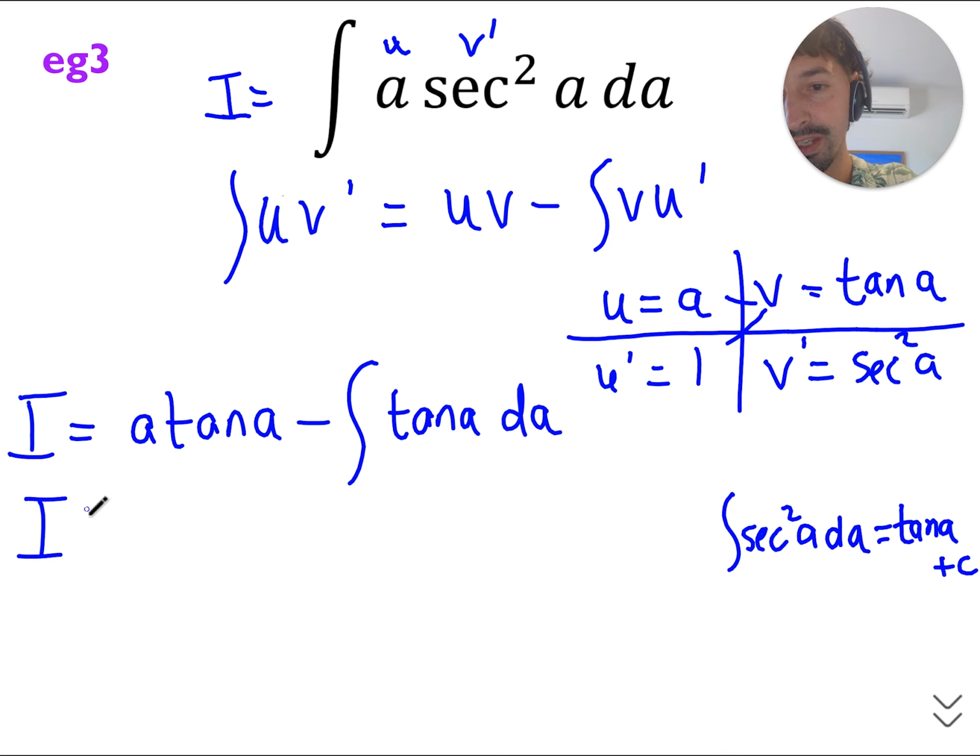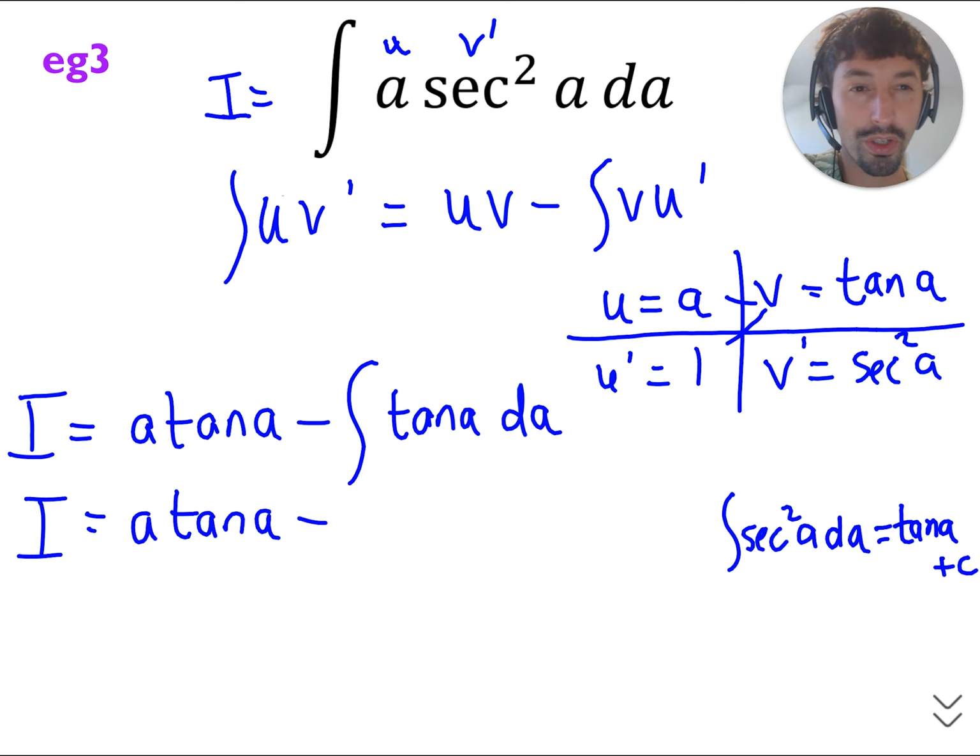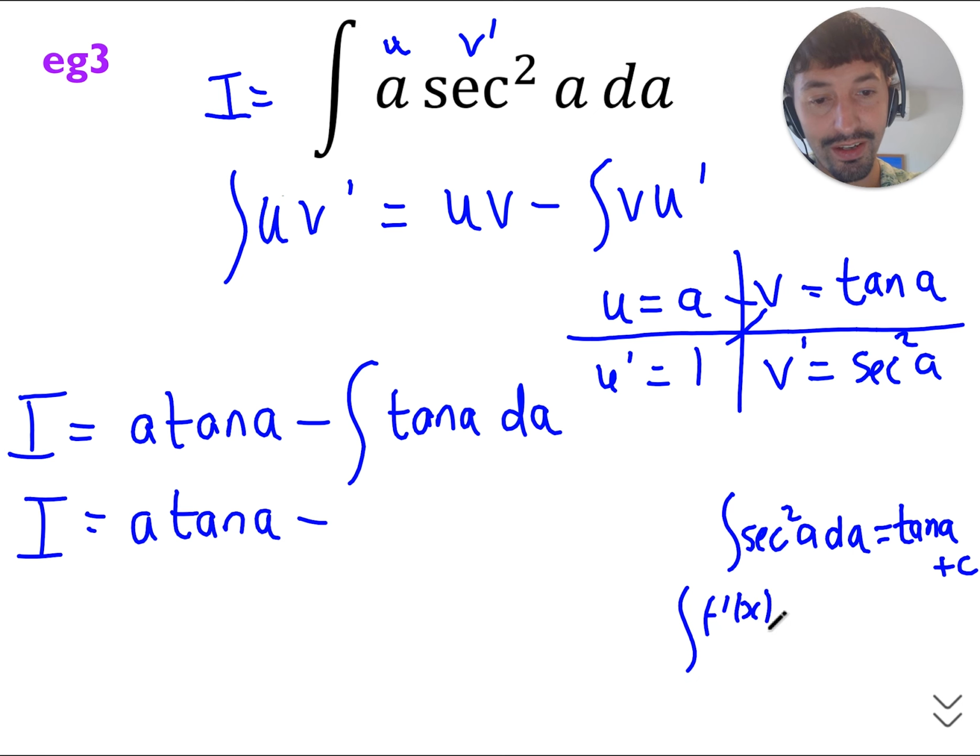Now, how do we integrate tan a? Because tan can also be written as sine over cos, we end up with something that's in the form f dash x over f of x. It's not quite perfect, but we know that if we integrate something in this format, we're going to end up with a natural log.